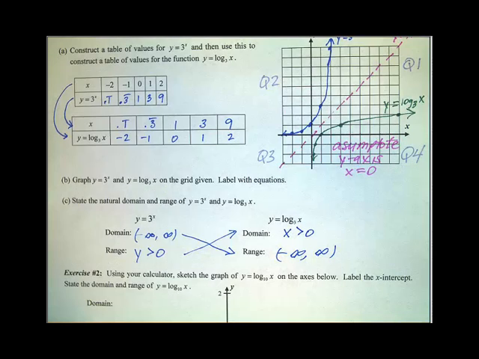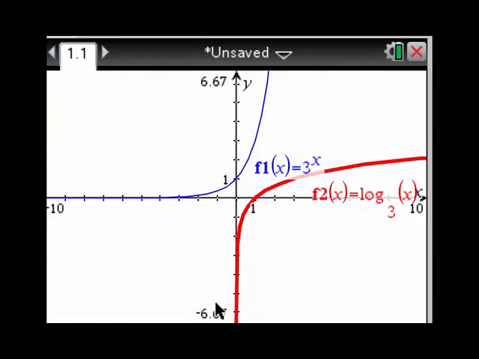And you can see those things in the graph. So your x values are only on this side, only positive. So x is greater than 0. In your range, well, this is going to keep going up. So positive infinity, and it's going to keep riding that y-axis all the way down to negative infinity.